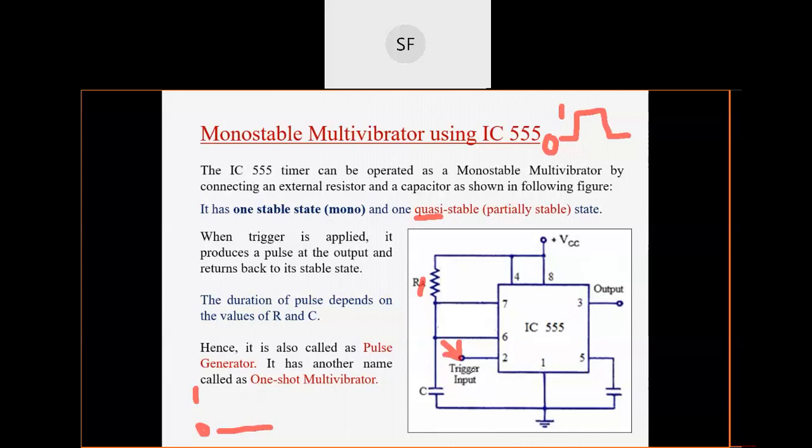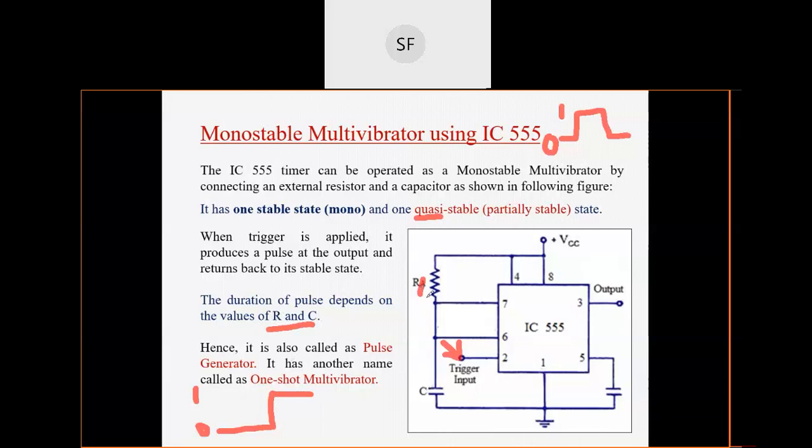Only after the application of trigger input will it move from 0 to 1, and it will remain in this other state, that is high state, for some duration, and that duration is decided by these two components, resistor and capacitor.